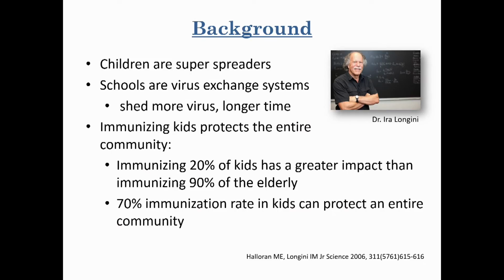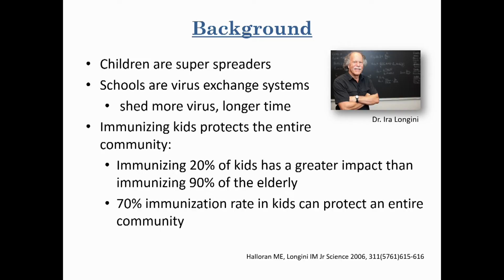So the background for immunizing children is that we know that children are super spreaders of flu and that schools are virus exchange systems. It's very easy to spread the virus within a school. Kids also shed more virus and for longer periods of time.